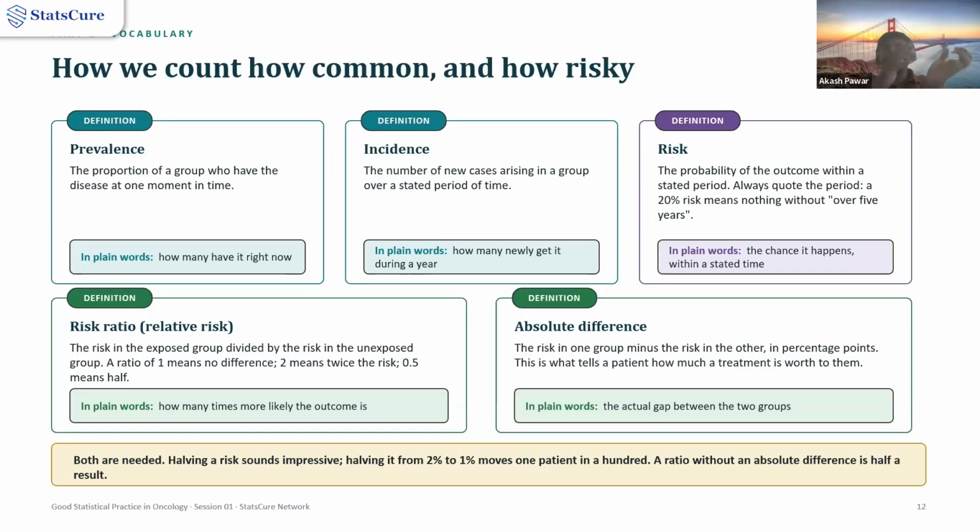And if you look at it the other way, like what is the risk in women walking more than 4 hours, which is the good group, as compared to women walking less than 4 hours, which is the bad group, then you will get a number less than one, which shows a reduced risk.